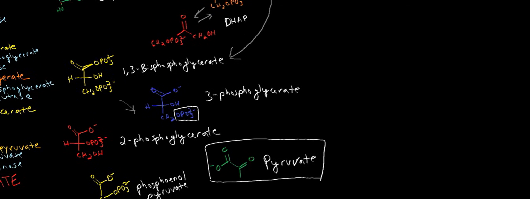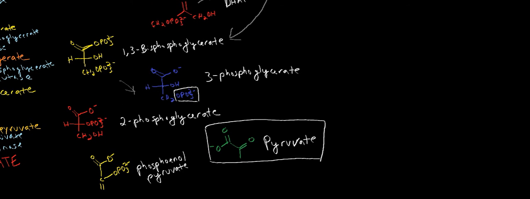And from 3-phosphoglycerate, you go to 2-phosphoglycerate. From 2-phosphoglycerate, you go to phosphoenol pyruvate. And finally, from phosphoenol pyruvate, we go to pyruvate. So that is the overall pathway with the structures in glycolysis.